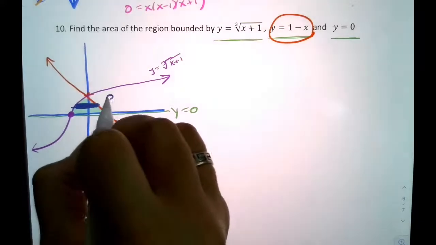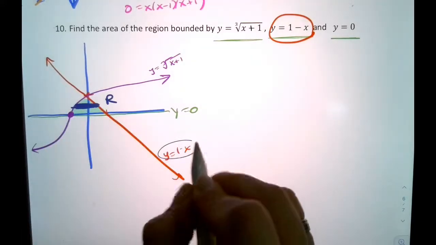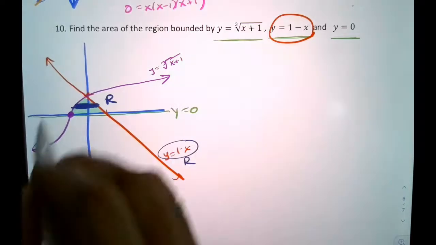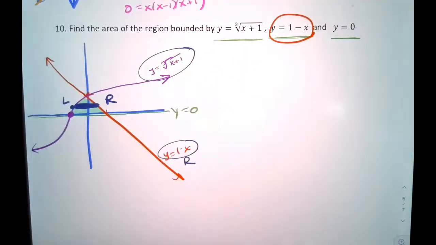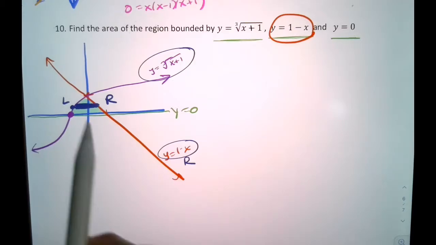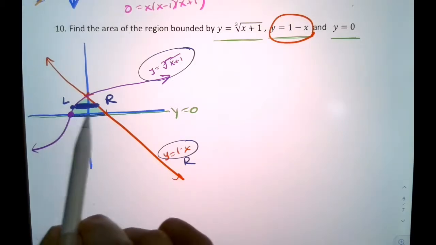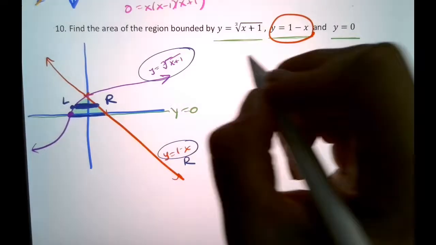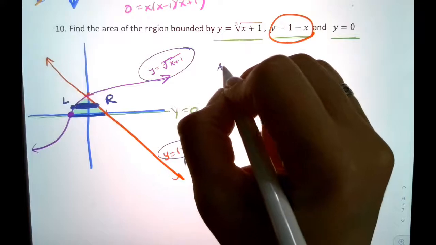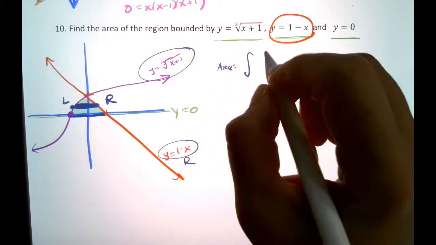Because your right endpoint is on that linear part here. That's my right function. My left function over here is the cubed root function over there. And that's consistent no matter whether I'm drawing it down here or all the way up there. It's consistently right minus left the whole way through. So I'm going to do the integral, the area here, as a right minus left.